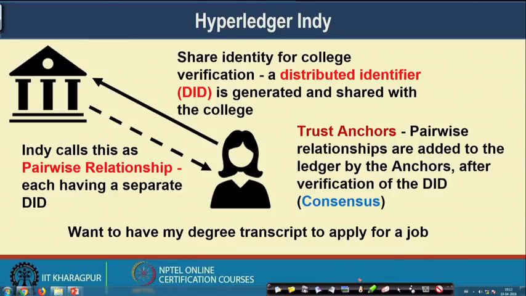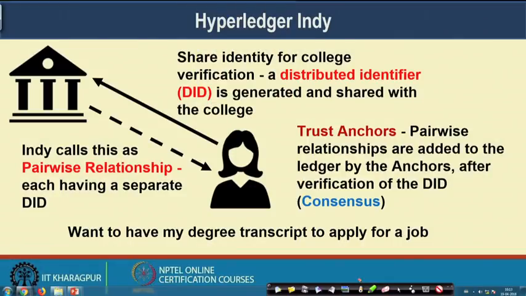You can think of these trust anchors as a miner on a Bitcoin platform. In a Bitcoin platform the task of the miner was to verify an ongoing transaction and then add that transaction to a block. Now, on the Indy platform these trust anchors verify a DID, they verify a pairwise relationship, and they find out whether the information is coming from Alice or someone is trying to impersonate Alice.